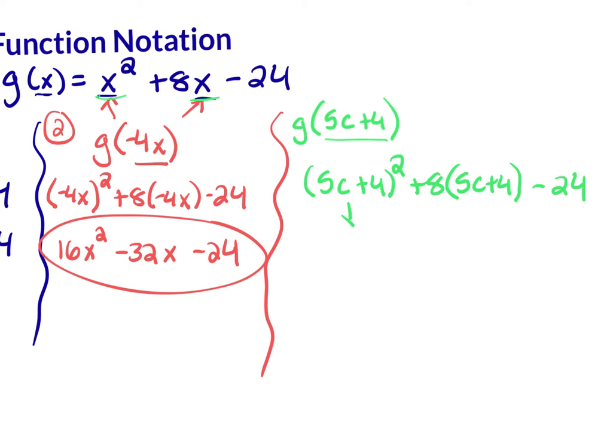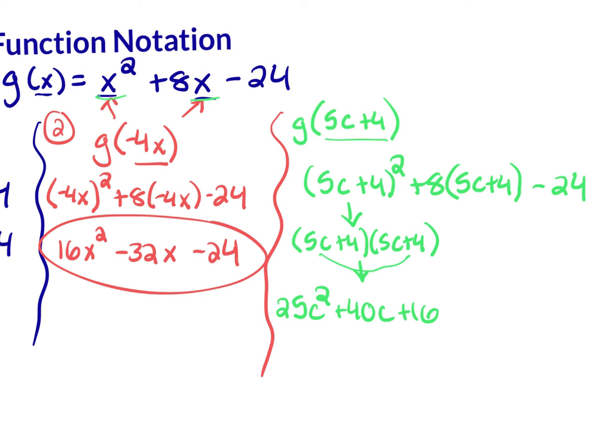Now remember that squared means 5c plus 4 times 5c plus 4. If you FOIL that, you'll get 25c squared plus 40c plus 16. I did the outside and the inside all together.